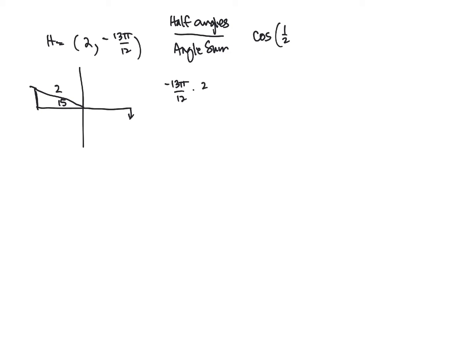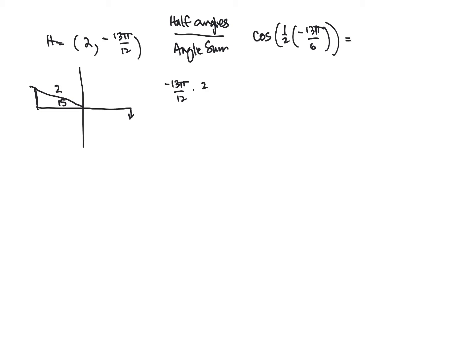Well, to undo division, I multiply. So this would be times negative 13 pi over 6. So your half angle, so when you multiply that together, you are actually going to get negative 13 pi over 12. Now what we want to do is we need to sub it into the formula.